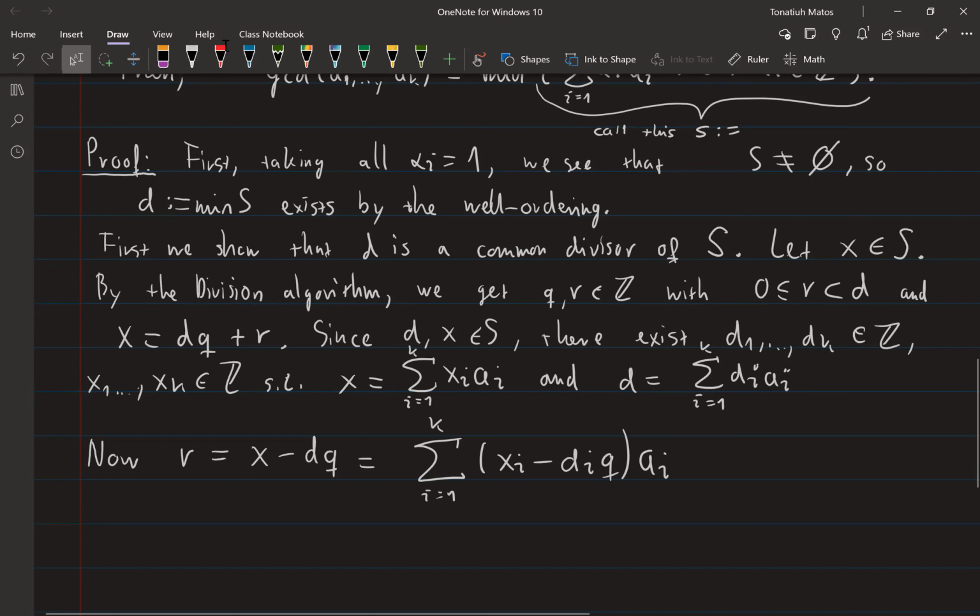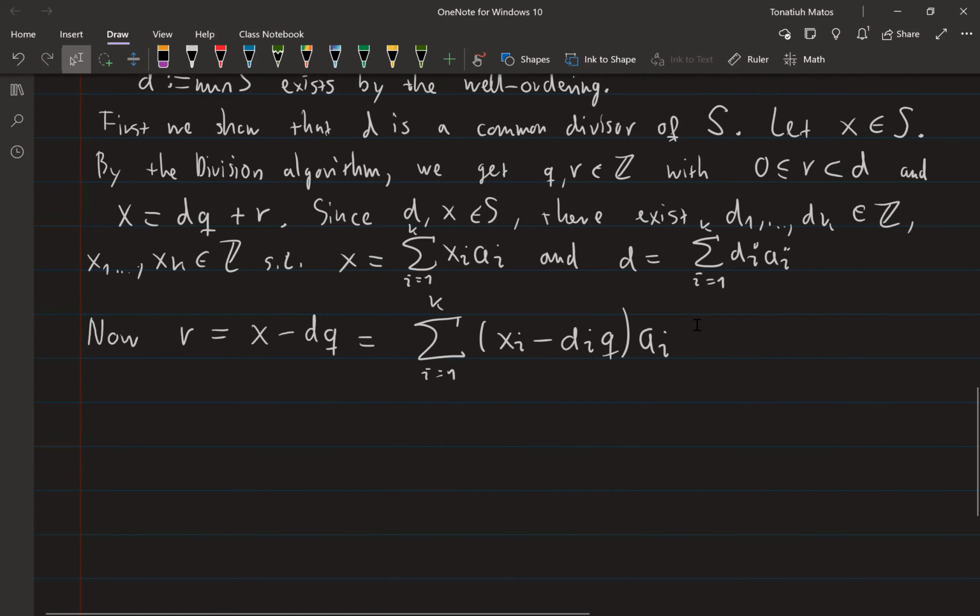Okay, I see some activity in the chat. That's great. Exactly. Okay, very good. R is smaller than D. If D is the smallest element of S, then R is not in S, right?